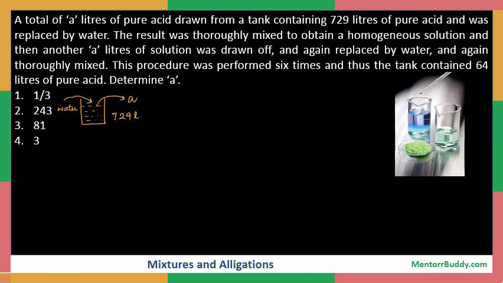So what happens when you take off A liters of pure acid and replace the same amount with water? Next time it becomes a mixture of water and acid, though still the total quantity remains 729, but this time it is water plus acid in the container.